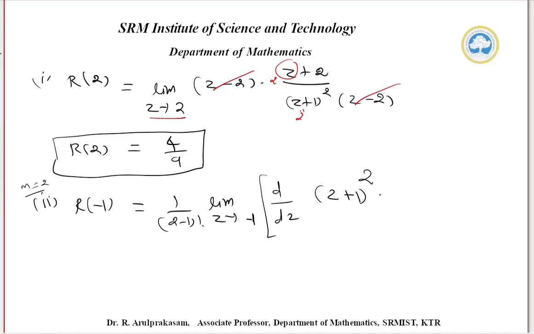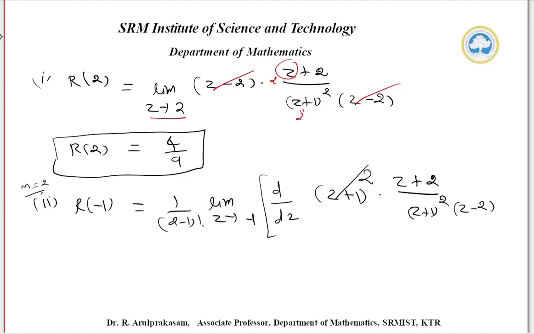What is my f of z? My f of z is nothing but z plus 2 divided by (z plus 1) whole square into (z minus 2).